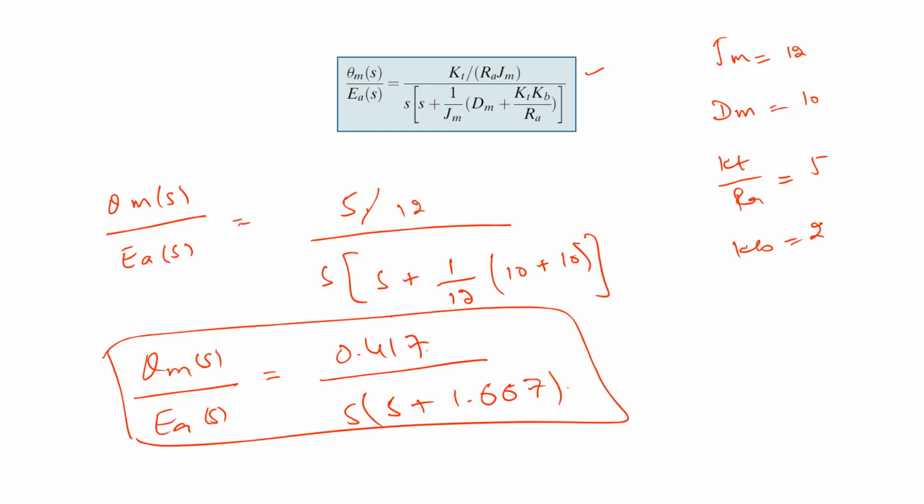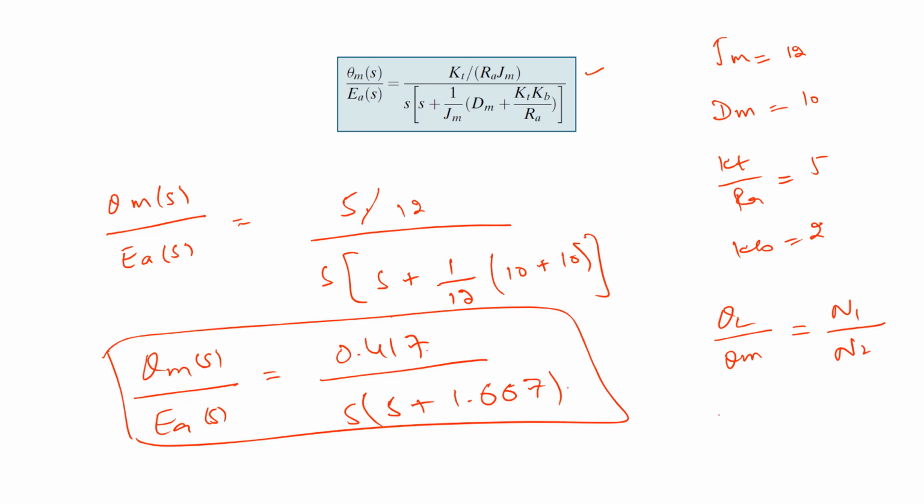But actually, there is a relationship between theta L and theta M. We know that theta L and theta M are directly related through the turns ratio, and theta L divided by theta M is actually equal to N1 divided by N2.